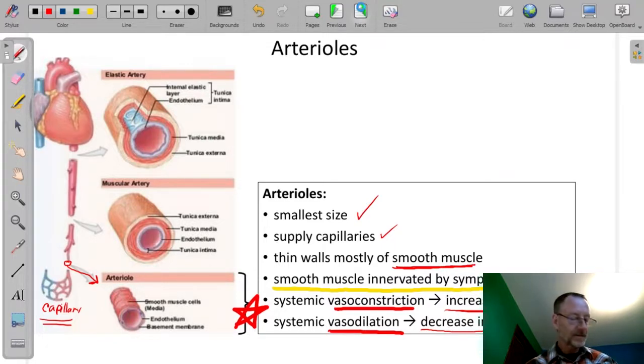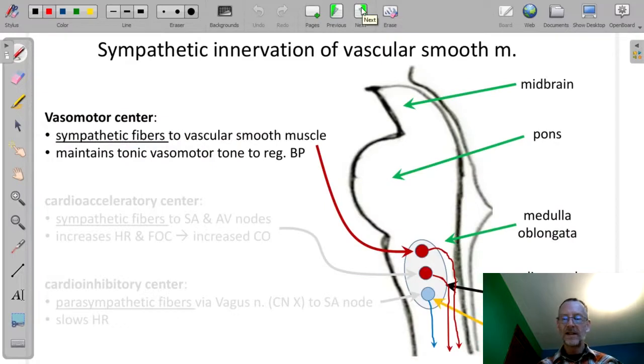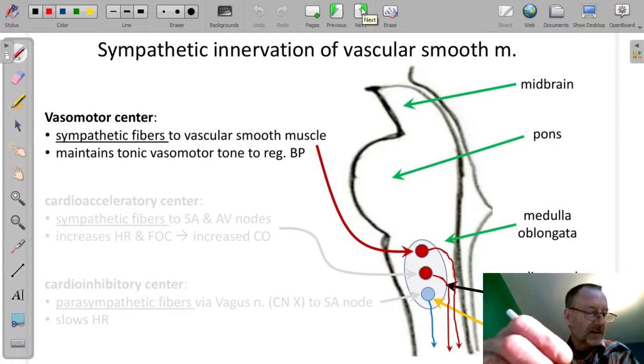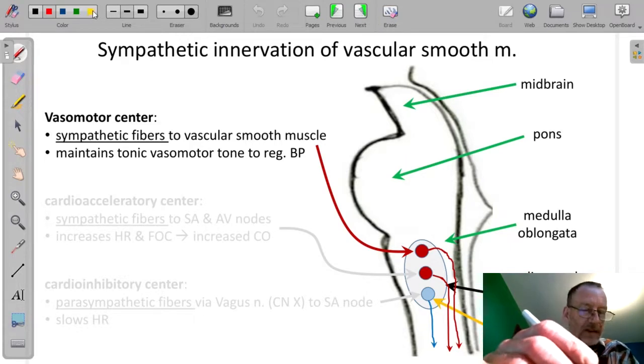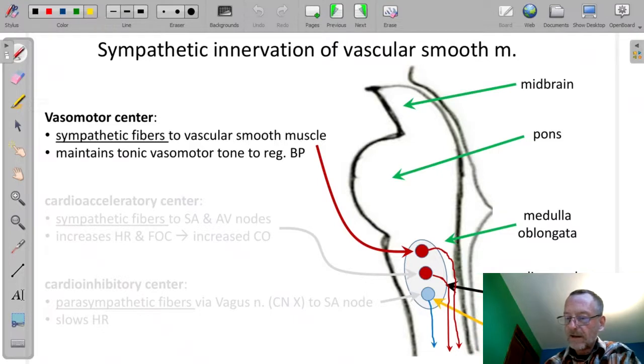The next slide is a review of the brainstem and the cardiovascular control system, or center. So here is our cardiovascular control center, and we are in the brainstem, the medulla specifically.